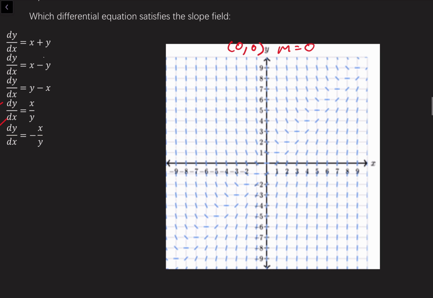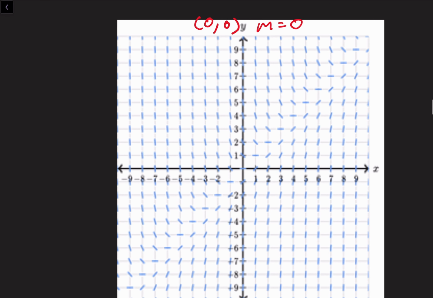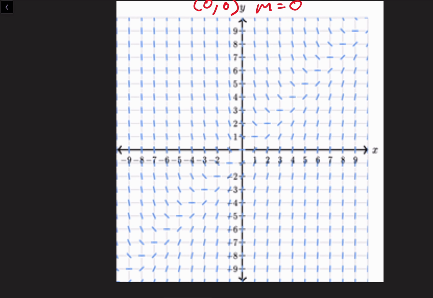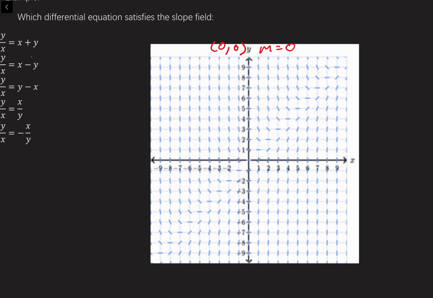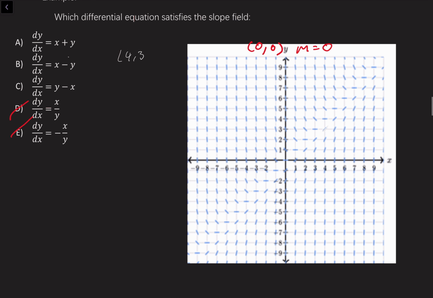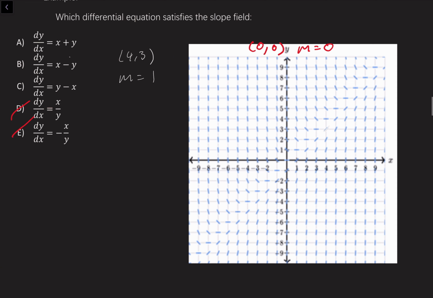Now let's move on. So we see that this path here is a linear path with a slope approximately equal to 1. So now let's just choose a point, say 4, 3, with the slope of 1, m equal to 1. Let's just try it.